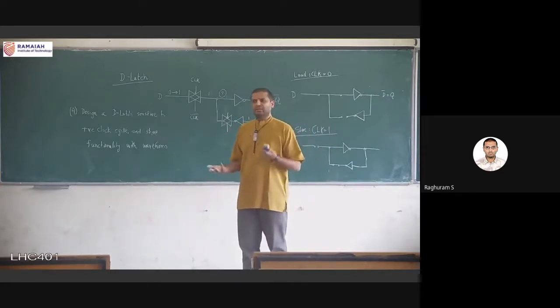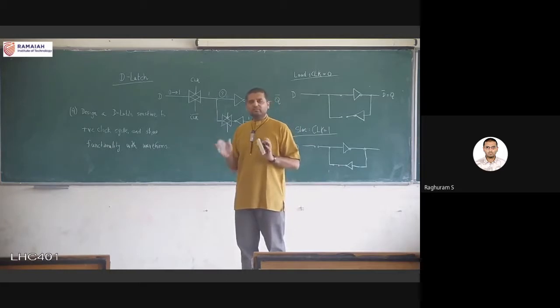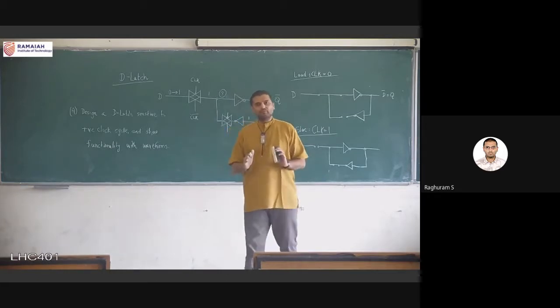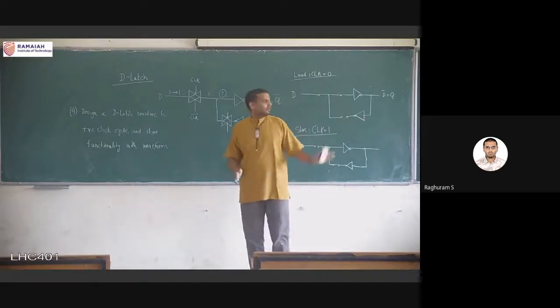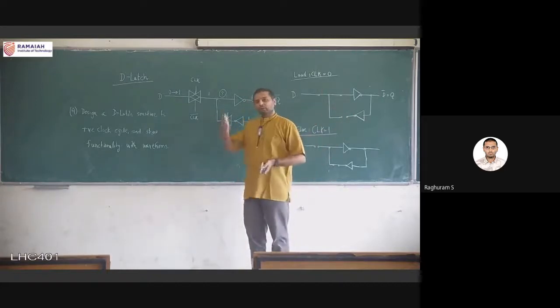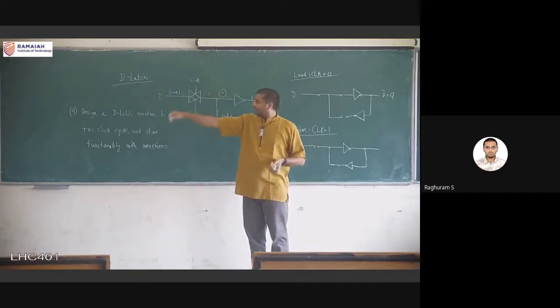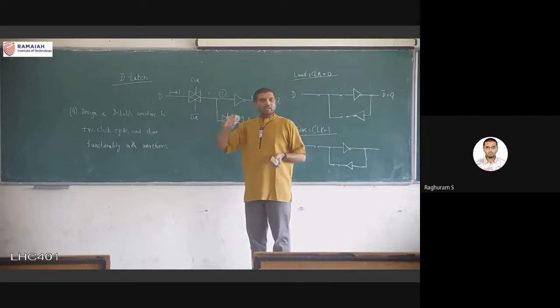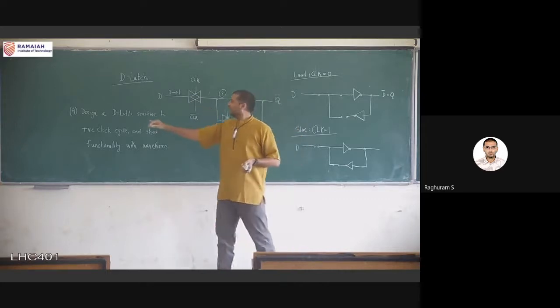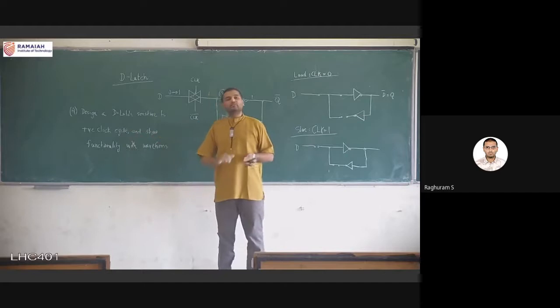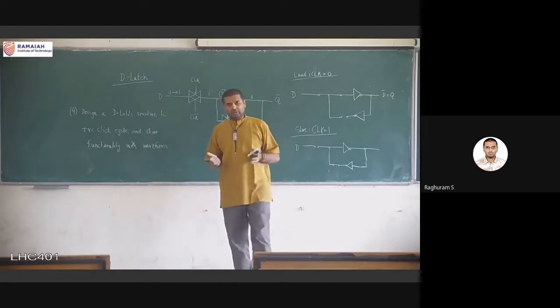Functionality, you can write lines and lines of explanation, but the better way to show it is by showing sample waveforms. So just like we did here, okay, not this, before that, draw a clock signal and a sample D, and based on your circuit explain the output, and that will prove directly to us that it is sensitive to the positive clock cycle or the negative clock cycle.